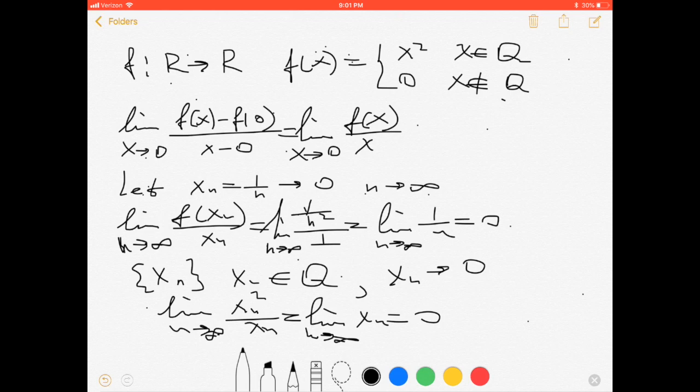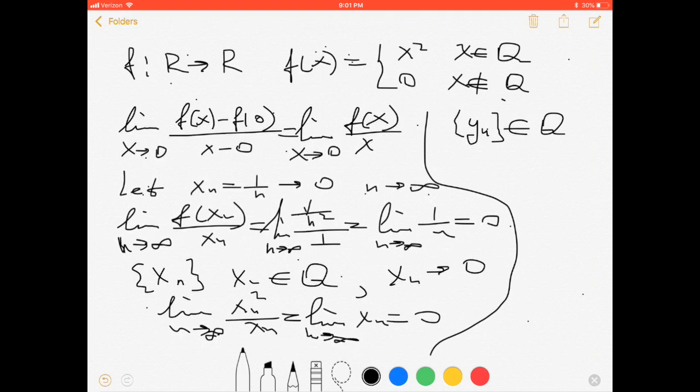Let y_n be a sequence of irrational numbers, with y_n approaching 0. What will this limit be in this situation? The limit of f(y_n) divided by y_n as n approaches infinity.